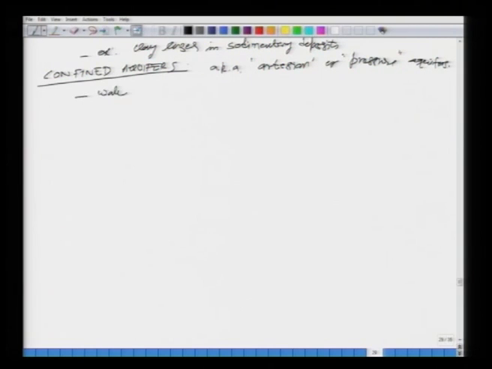As I said, the water is at pressure greater than atmospheric pressure. Okay.